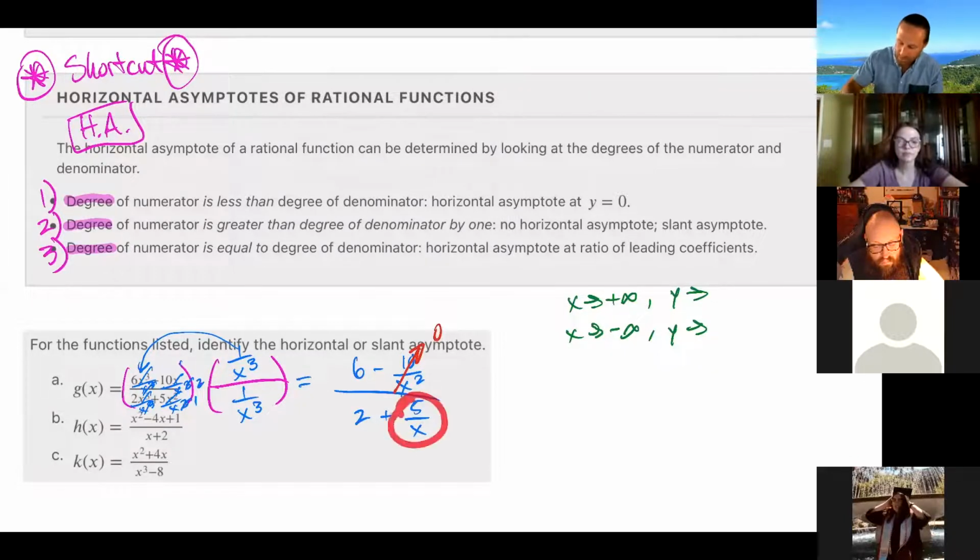Which means, what is this going to do when we plug in that infinity, that really, really big number, for x? It's also going to go to 0. And notice, what are the only things that are actually left? Six over 2.